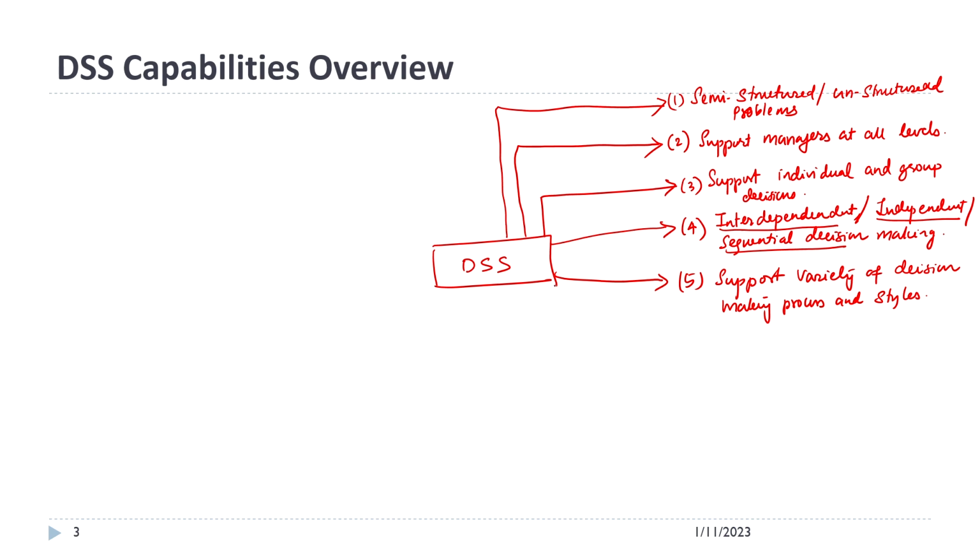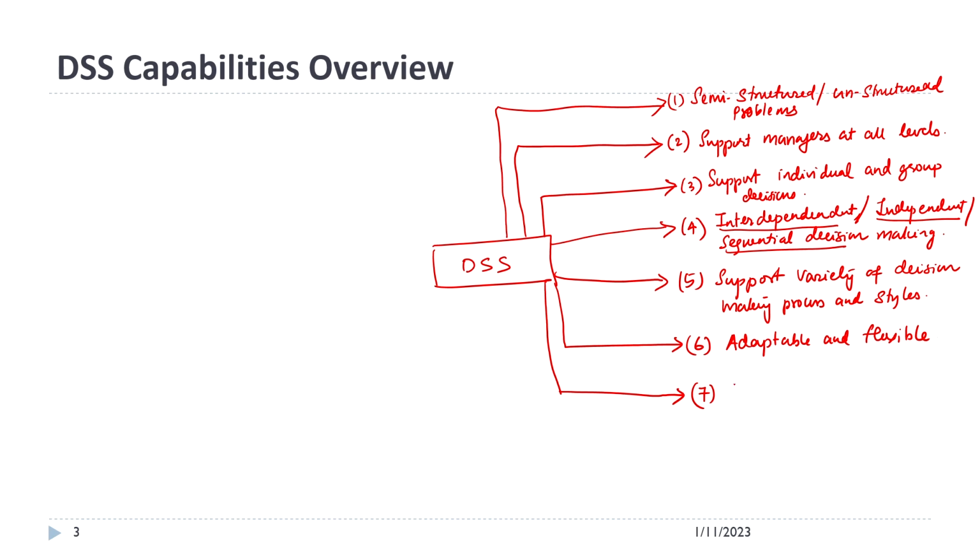People should be able to make different type of decisions as part of it, right, and different styles of decision should also be supported. Then one of the other terms that we used earlier, adaptable and flexible. It should be able to adapt to individual different decision making style, and it should also be flexible enough for people to make different type of decisions, right.